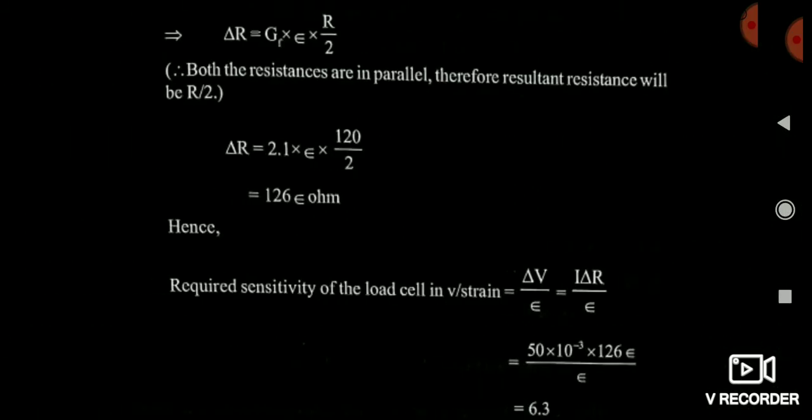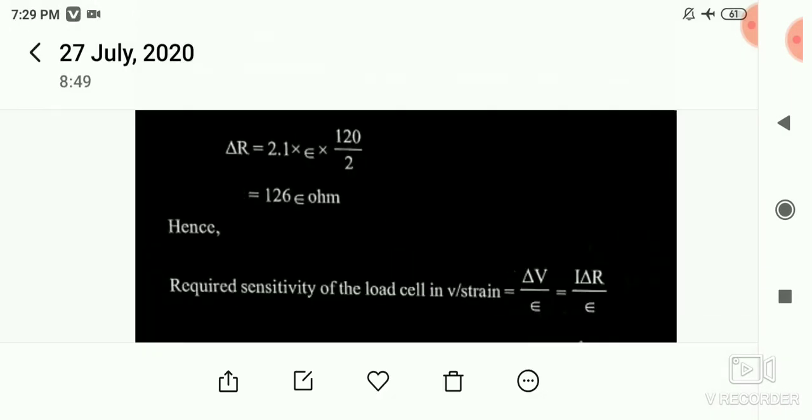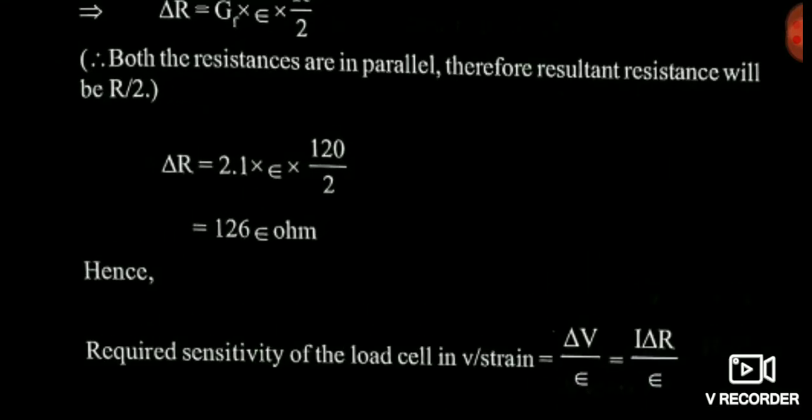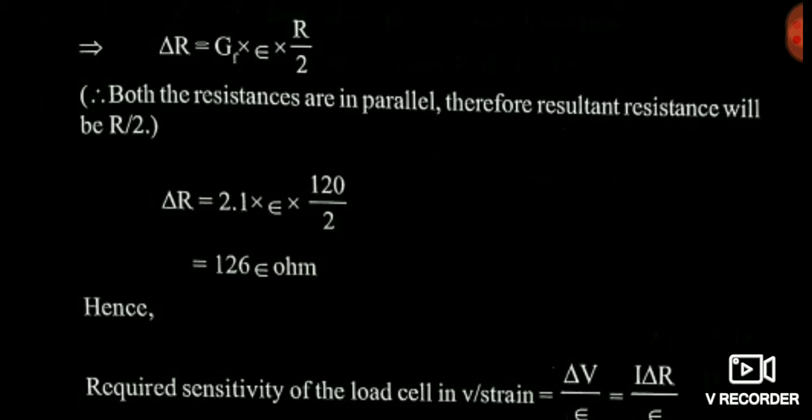So we should simply use the formula for calculating the change in resistance. Delta R is equal to GF into strain into R by 2, because here two resistances are present.